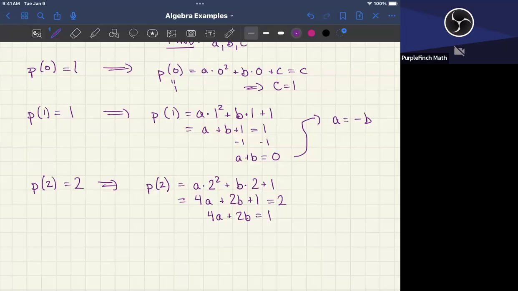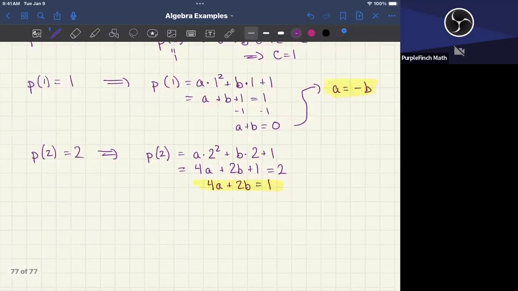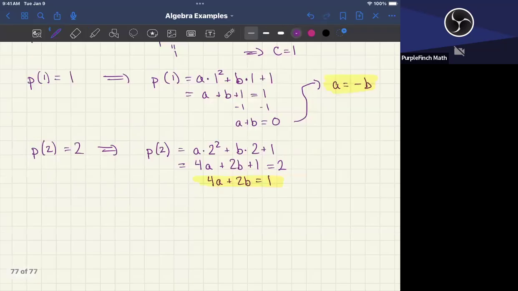Now we have two equations here. We have a is equal to negative b, and 4a plus 2b is equal to 1. That's two equations and two unknowns, which means that we will be able to solve. Let's do a substitution.